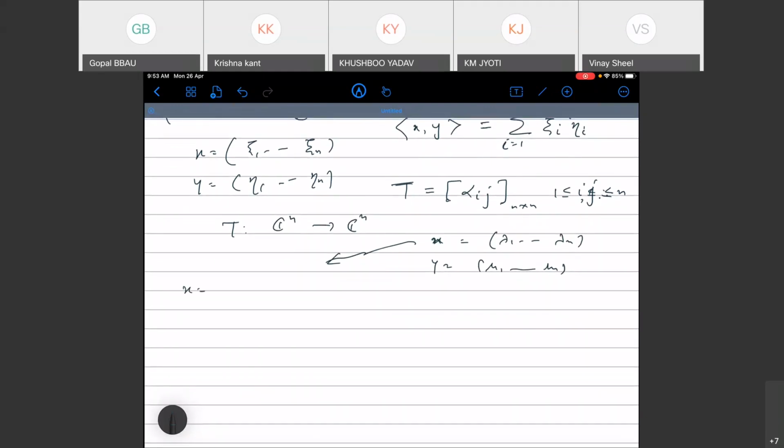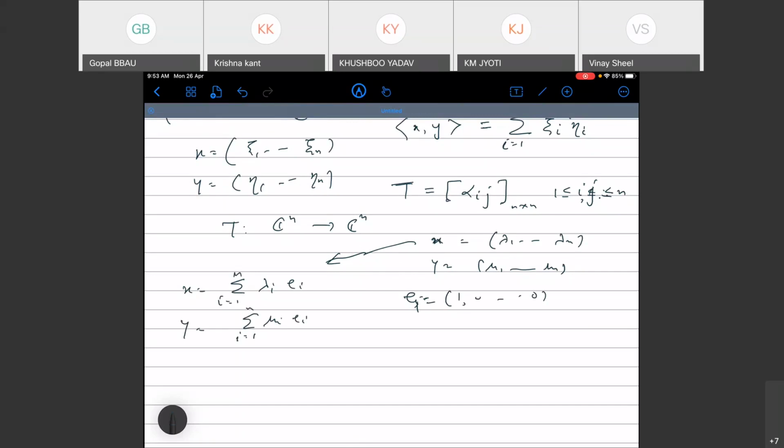This x is nothing but summation lambda i ei, where e1 is 1 0 0 0, e2 is 0 1 0 0 0. You know what these ei's are. So i equal to 1 to n, and similarly y equal to summation mu i ei, i equal to 1 to n.